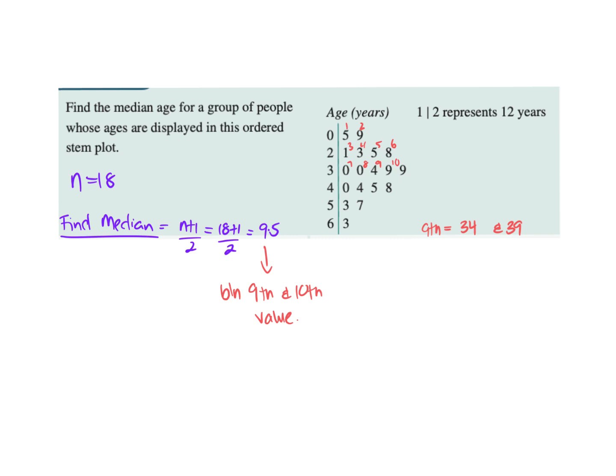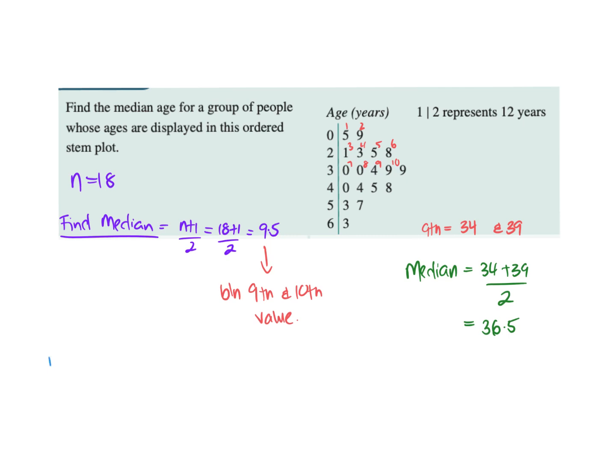So if we're trying to find the median, we're going to do 34 plus 39 divided by 2, which is going to equal 36.5.